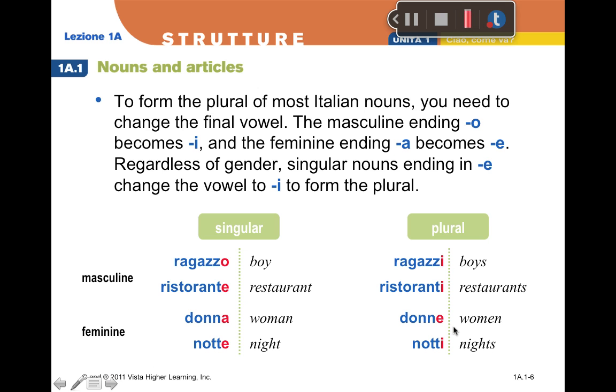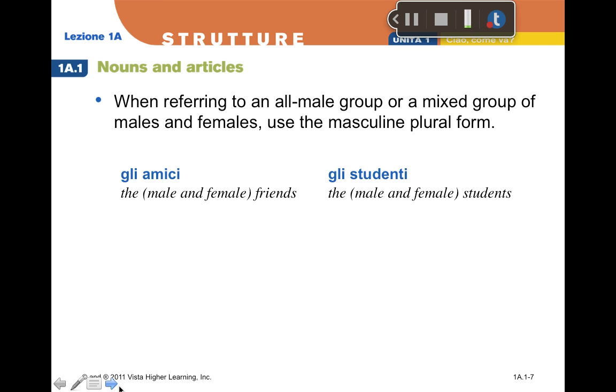The feminine ending in A becomes E, donna, donne. For the words that end in E, regardless of the gender, they end in I in the plural. Okay? Ristorante, ristoranti, notte, notti. So even though they're of different gender, they form the plural the same way.